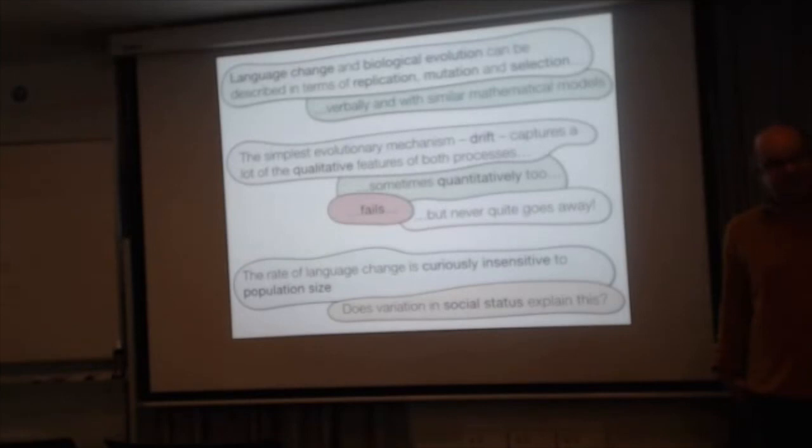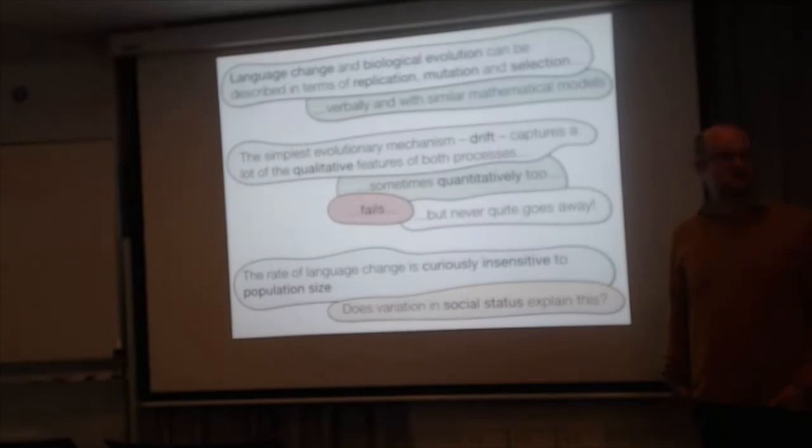But I think one can look at a more fine-grained level. Currently I'm working with a corpus linguist, Rob Truswell, and he's got texts through English going back several hundred years, and he's interested in determiners, things like that.